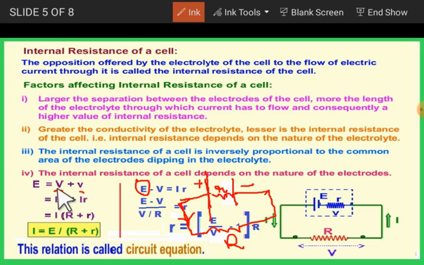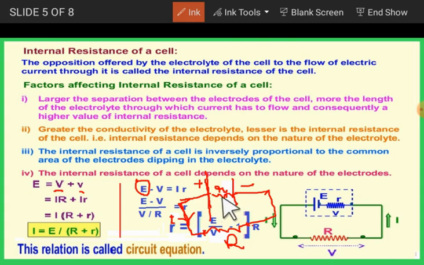Got it? So suppose the current flowing here is capital I. Then the potential difference across the two terminals of the resistor will be equal to the potential difference of the cell. So we can write V = IR from Ohm's law, and the same current I will be flowing across this internal resistance also.